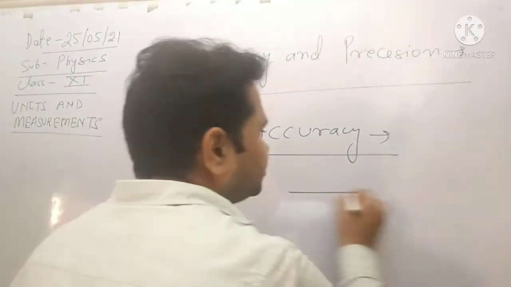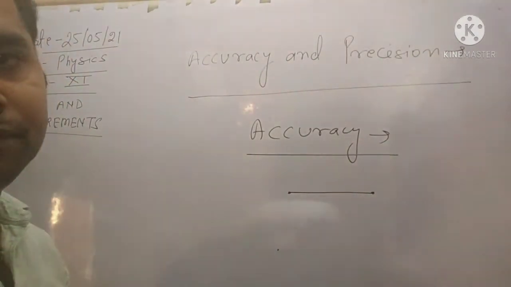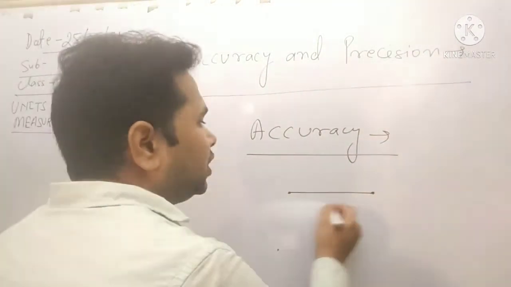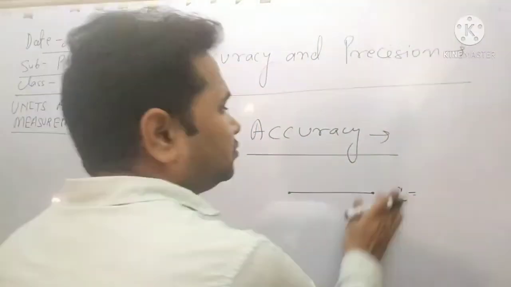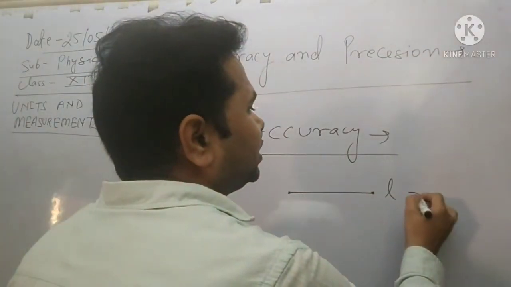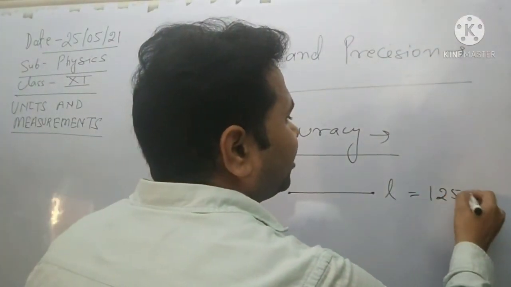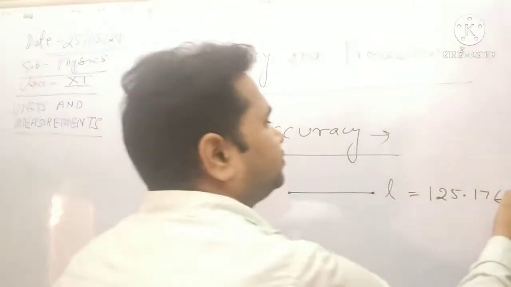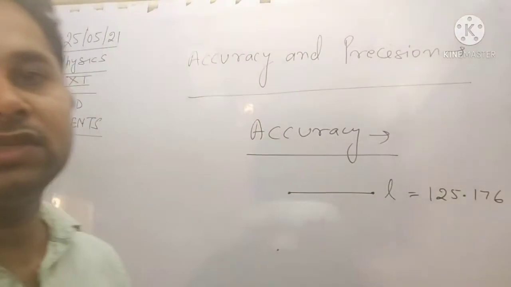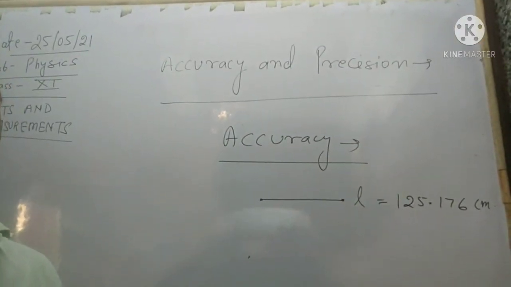Suppose this is a rod, and its actual value, the true length, is 125.176 centimeter. Suppose this is the actual measurement, or you can say the true value.